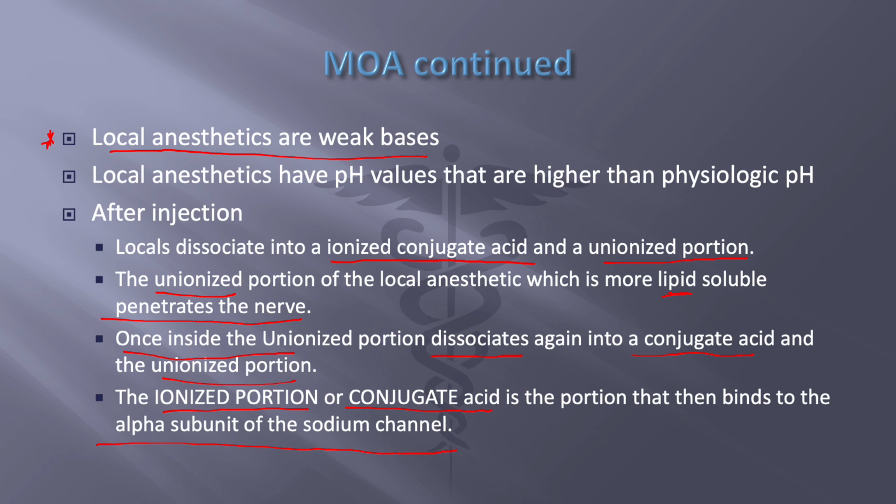So we have two separate dissociations that occur in two separate environments. If you think about it that way, it's easy to remember, because when we inject it in the extracellular fluid that has a certain pH, it dissociates. That unionized portion then penetrates into the nerve. Well, the inside of that nerve and the nerve cell has a different pH as well, so then it dissociates again.